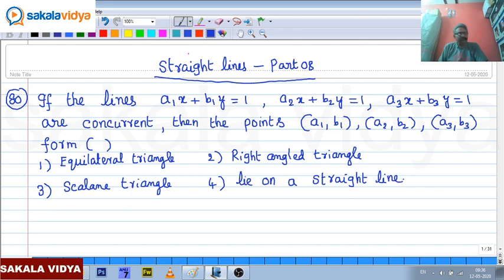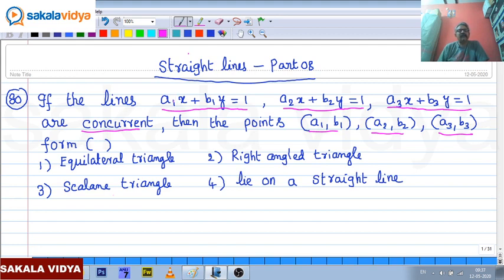So this is the question, right? So now if the lines a1x plus b1y equals to 1, a2x plus b2y equals to 1, a3x plus b3y equals to 1 are concurrent, then the points a1 comma b1, a2 comma b2, a3 comma b3 form an equilateral triangle, right angle triangle, scalene triangle, or lie on a straight line.